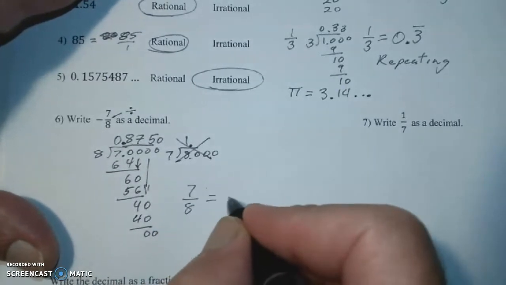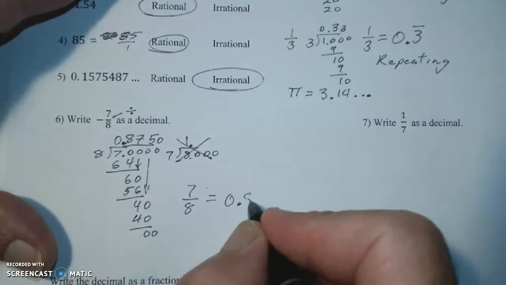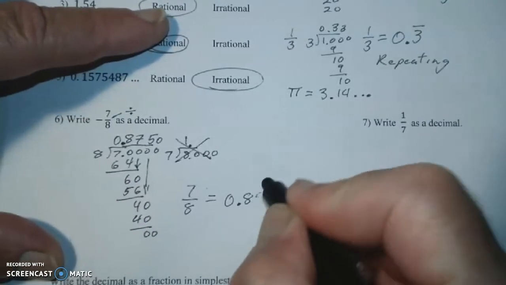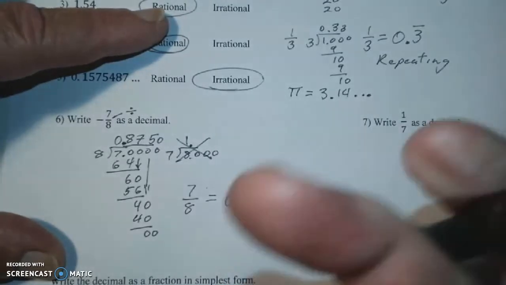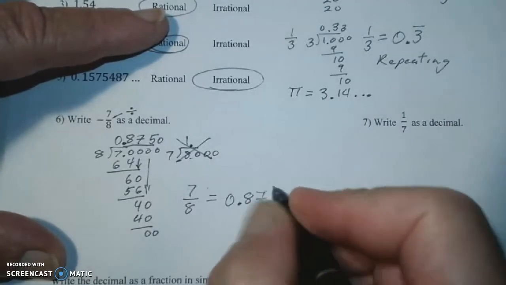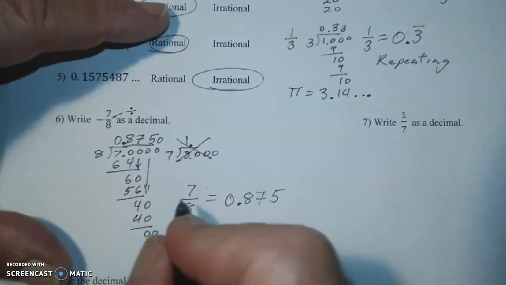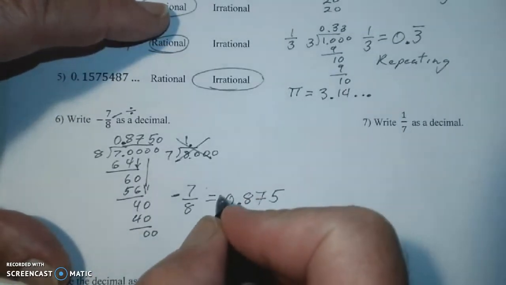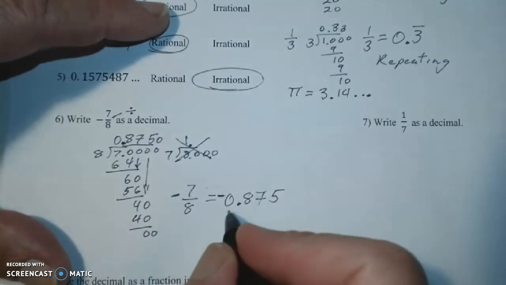7/8 is 0.875. Don't forget though, this was a negative fraction. Our answer needs to be a negative decimal.